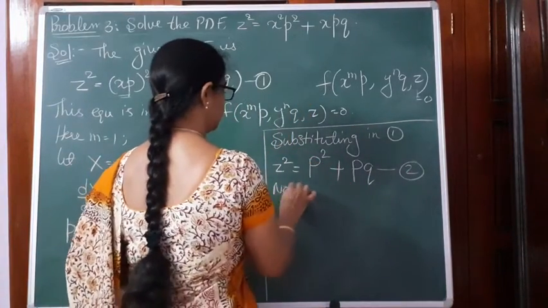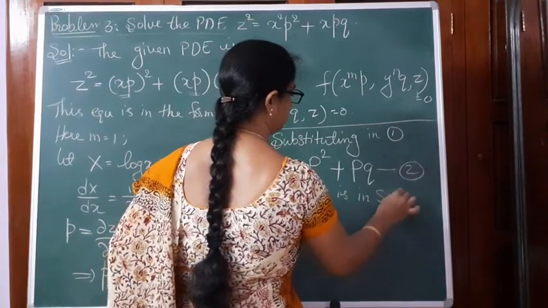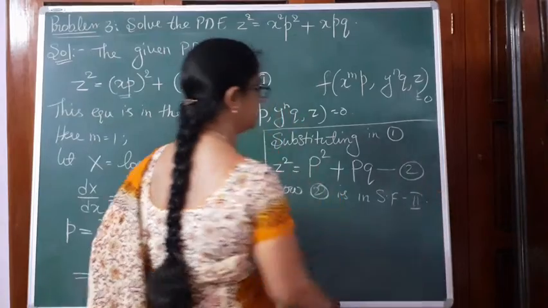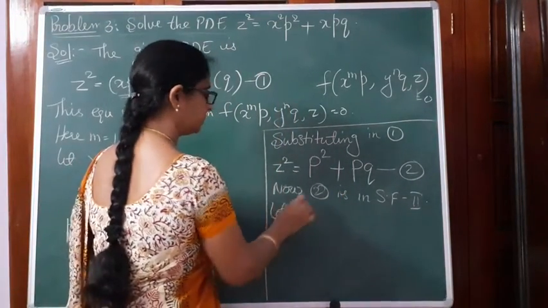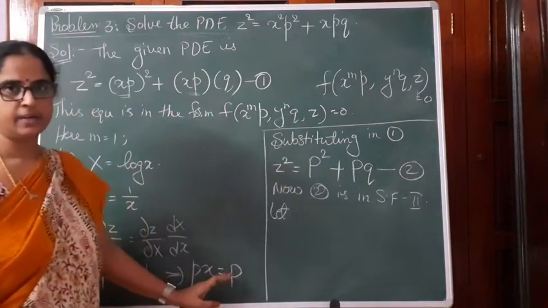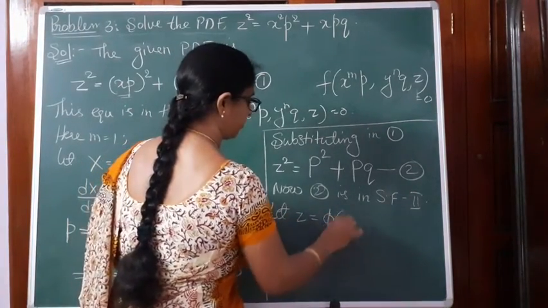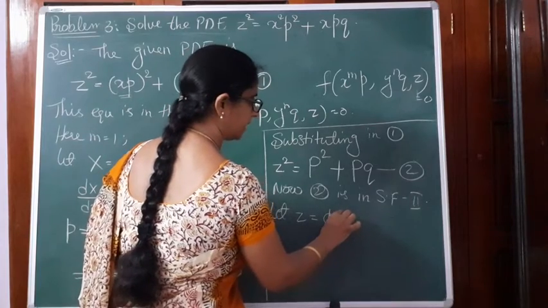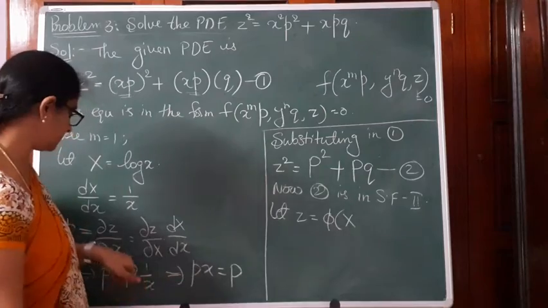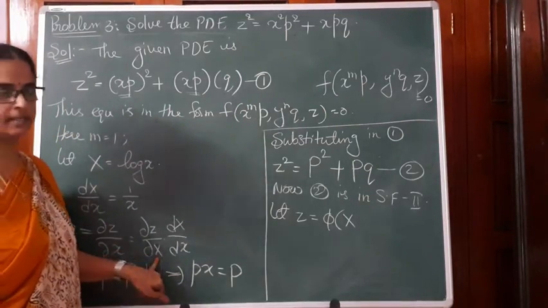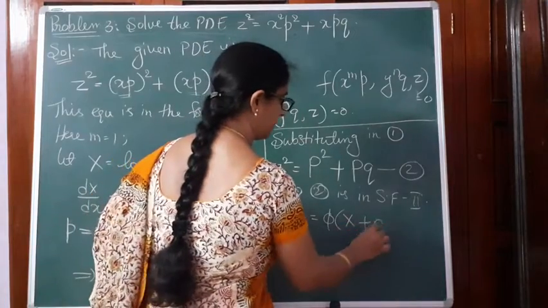Now 2 is in standard form 2. So for the equations in standard form 2, we assume the solution to be z is equal to phi of x plus ay. So let z is equal to phi of a function of x. What x do we take here? Capital X, because this is capital P. Capital P means dou z by dou capital X. That is why the solution should be capital X plus what y here?